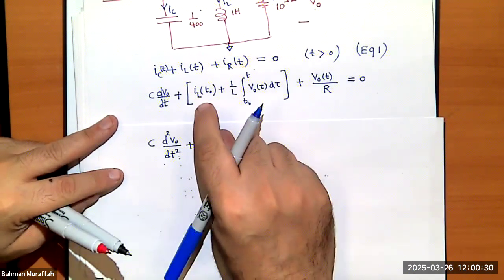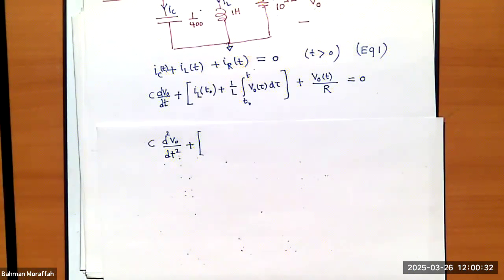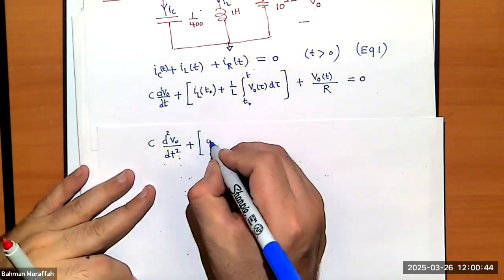What is the derivative of IL evaluated at t naught? It's 0 because it's a constant, right? It's the value of I evaluated at one point. So that is 0.